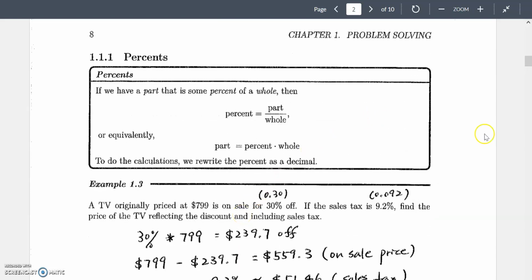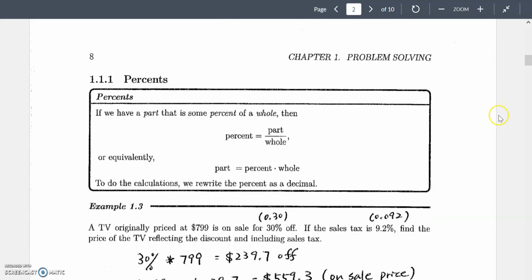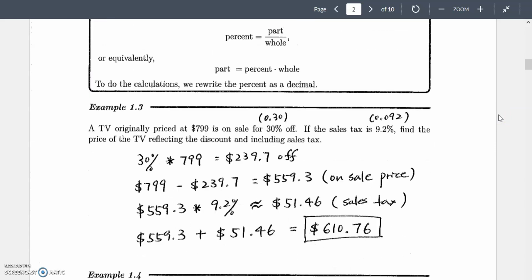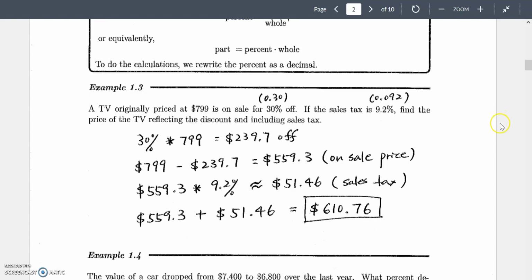Now, as we mentioned before, percent is part out of the whole, or equivalently, part equals percent times whole. Now here's an application to the problem. Example 1.3. A TV originally priced at $799 is on sale for 30% off. If the sales tax is 9.2%, find the price of the TV reflecting a discount and including sales tax.